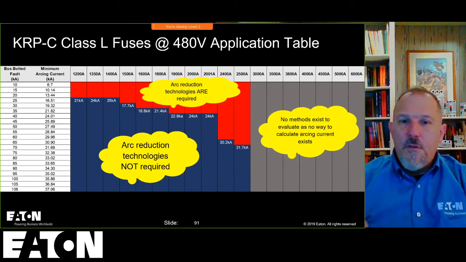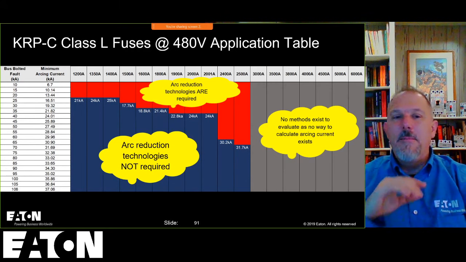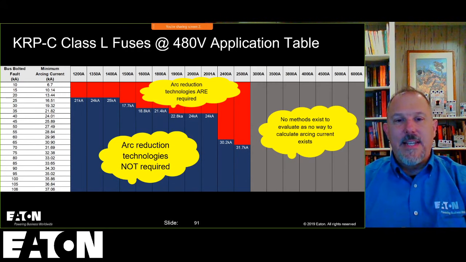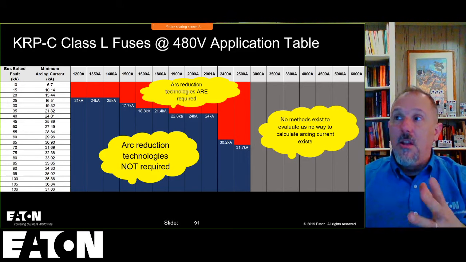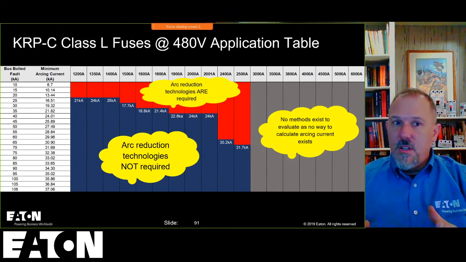So I know for that 150,000 amps, I am clearing faster than 0.07 seconds. I don't need to do anything else other than say, any bolted fault current greater than 21,000 amps gives me a clearing time faster than 0.07 seconds.